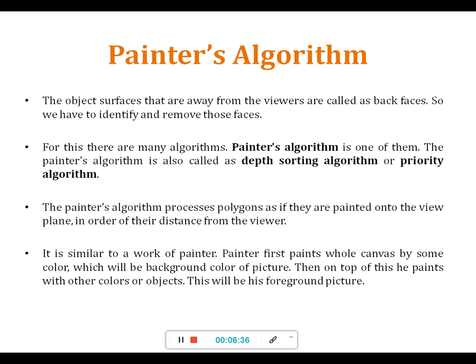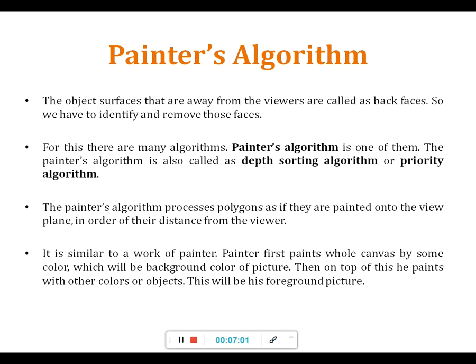For this there are many algorithms, and the Painter's algorithm is one of them. Another name of this Painter's algorithm is the depth sorting algorithm, and one more name is the priority algorithm. So these are the names of the Painter's algorithm. We can call it a depth sorting algorithm, we can call it a priority algorithm.